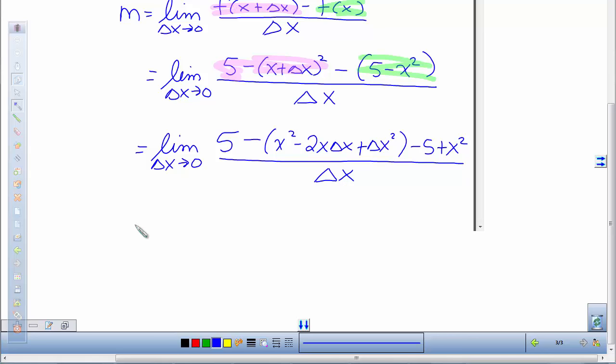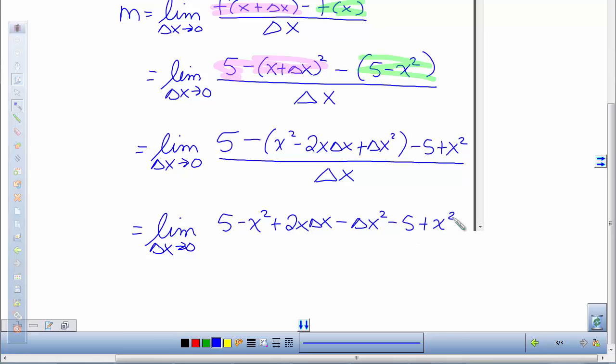If we go on and simplify, we've got 5 minus x squared plus 2x delta x minus delta x squared minus 5 plus x squared all over delta x.